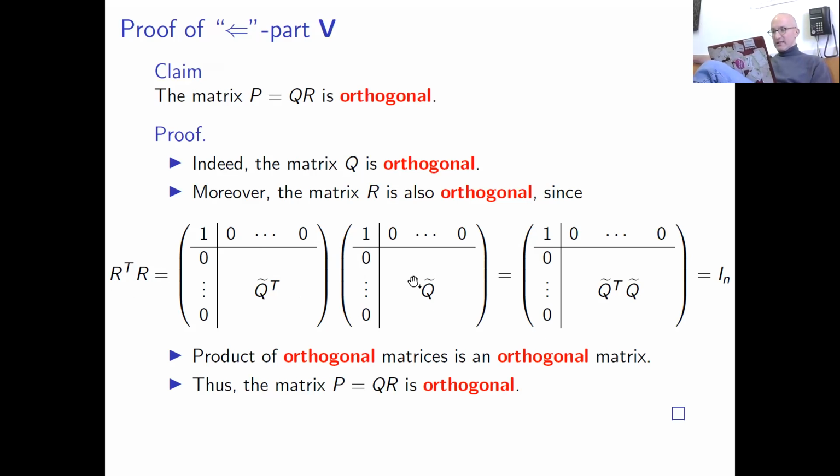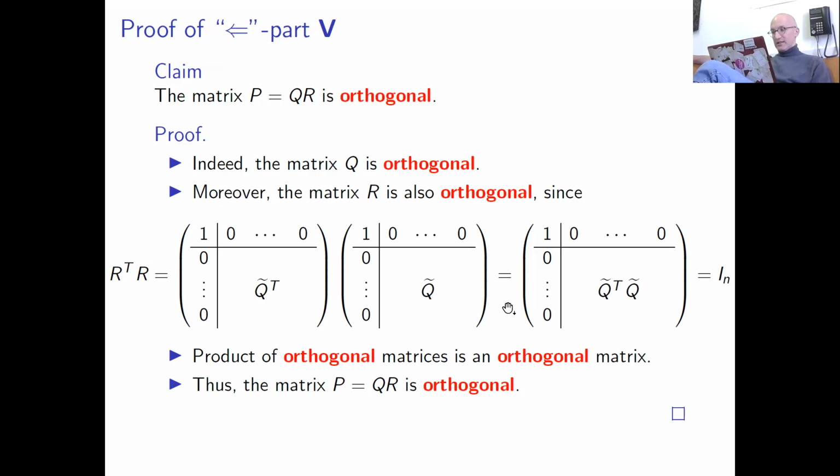And in this block, you have just the product of these two n-1 times n-1 matrices, which you already know is the identity, because the matrix Q tilde was chosen to be orthogonal by the inductive assumption. So we get the identity.